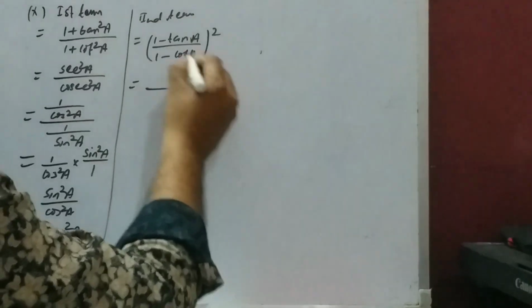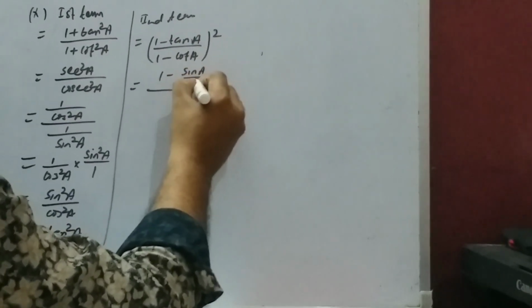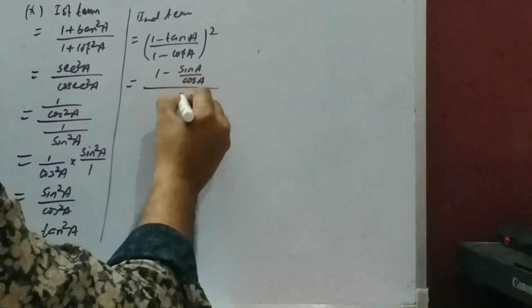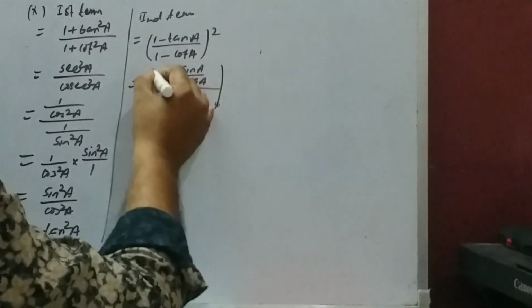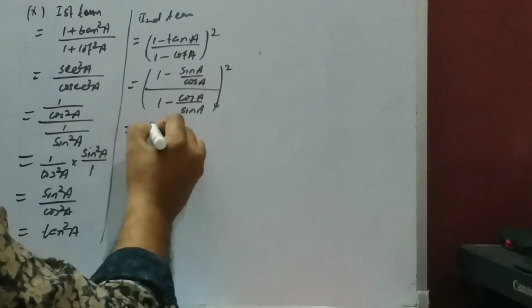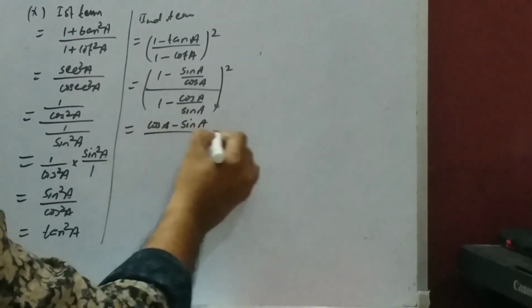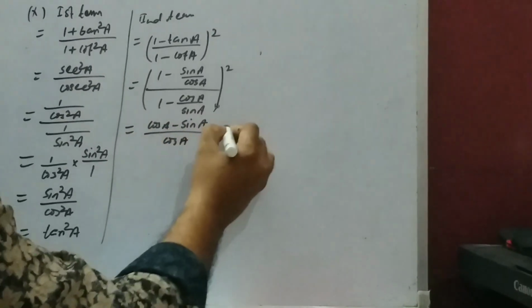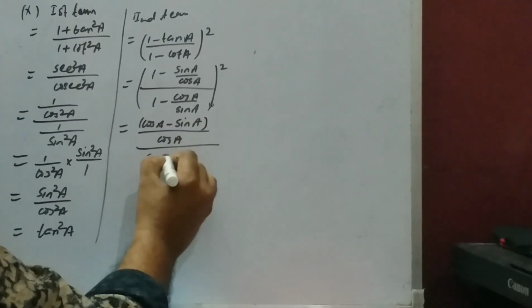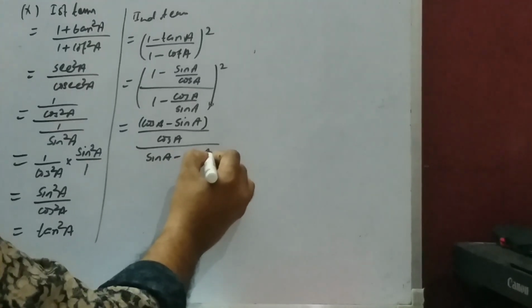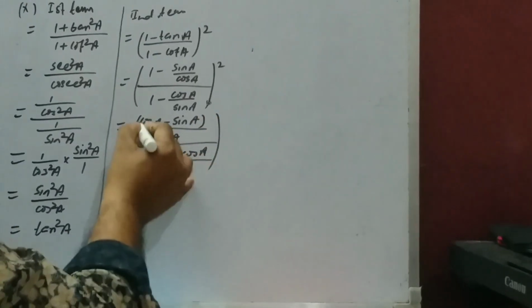Change this into sin cos: 1 minus sin A by cos A, 1 minus cos A by sin A. Cos A minus sin A by cos A, and sin A minus cos A by sin A, the whole square.